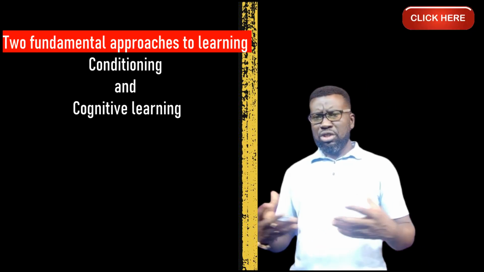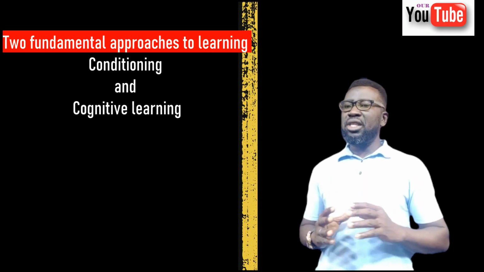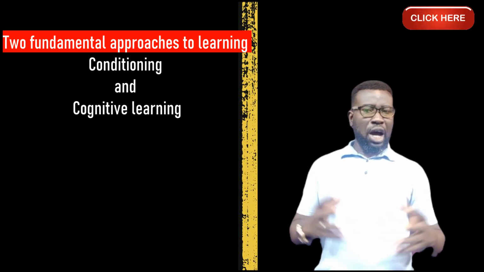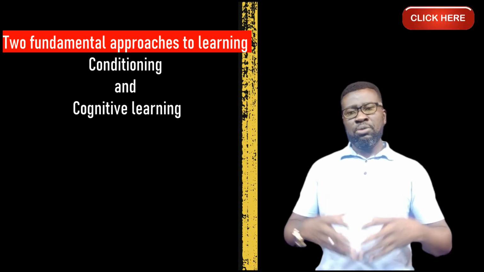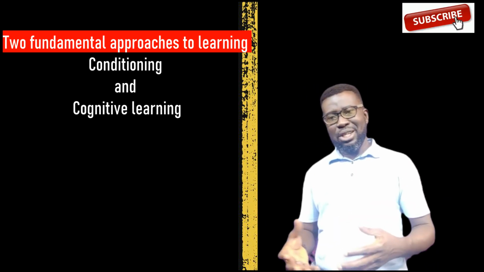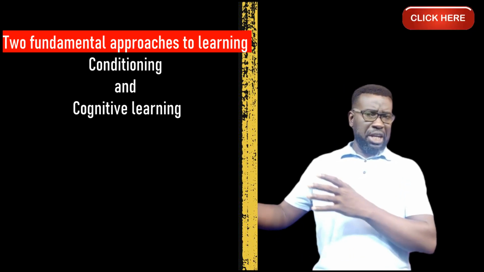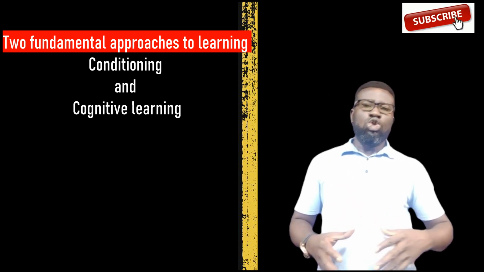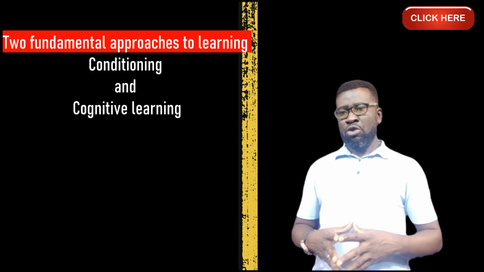Now, conditioning is creating an association between two stimuli, which are of two types called classic and operant conditioning. Classic conditioning associates a stimulus, that is maybe marketing information, to a response, which is attitude, feeling, and behavior.